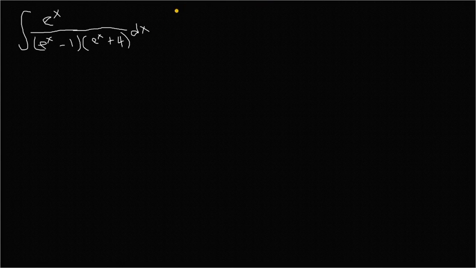So we're just going to turn this e to the x into just some number. We're going to let u equal e to the x, and then we'll shove it back in at the end. So we're going to have du equal still e to the x dx. And so this is very easy to replace.